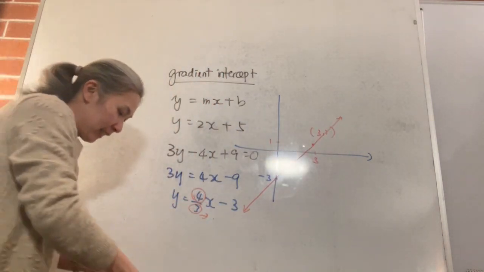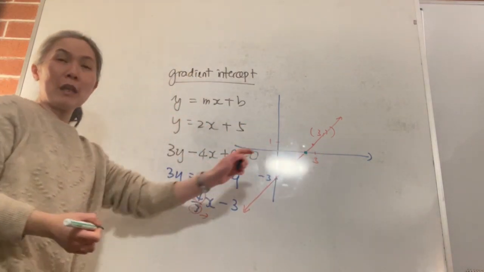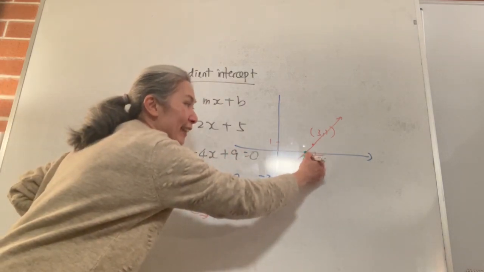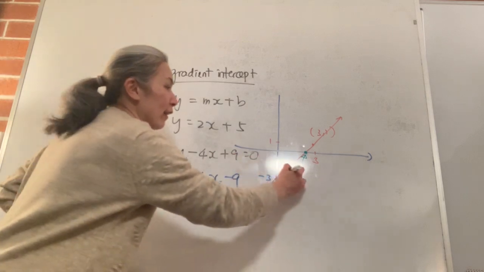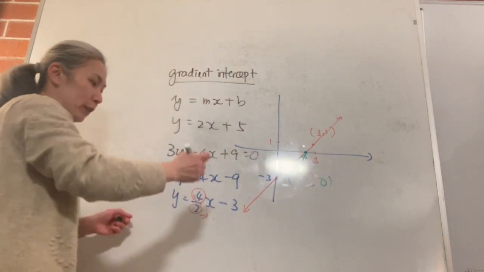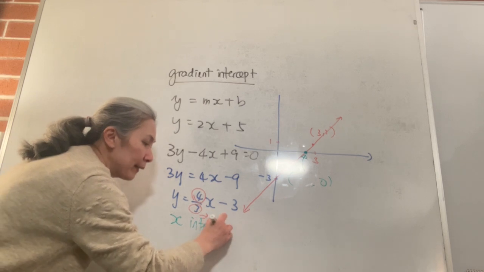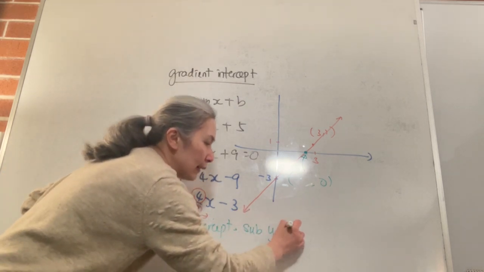To find x-intercept, that means I want to find out this point. To find x-intercept, what is the y-coordinate for this one? For that point, what is the y-coordinate? 0. Good. So something I want you to remember now, whenever you want to find x-intercept, you substitute your y as 0.